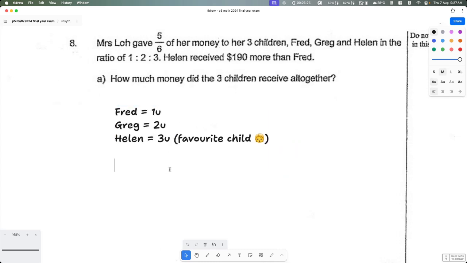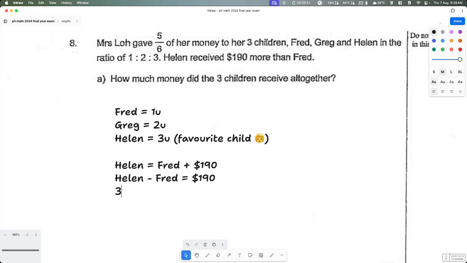Okay. So we know that Helen received $190 more than Fred. So Helen minus Fred is equal to $190.